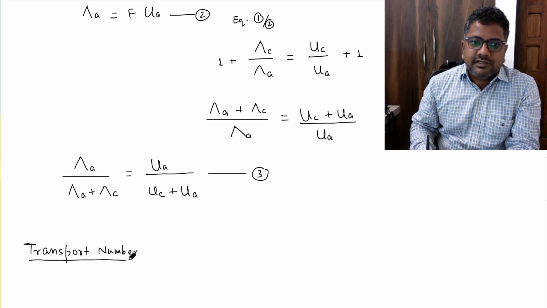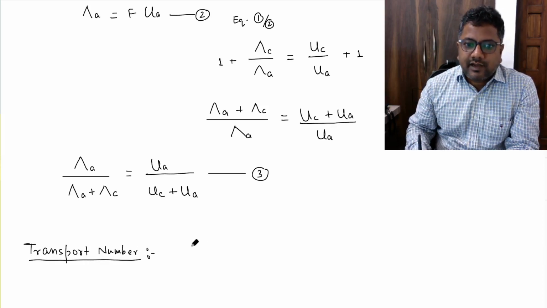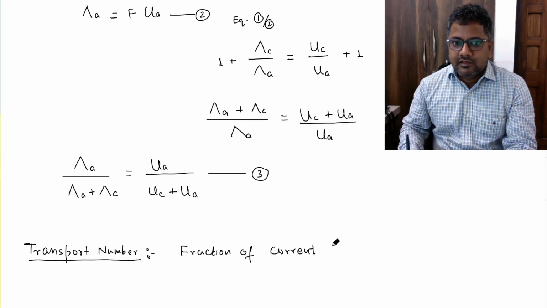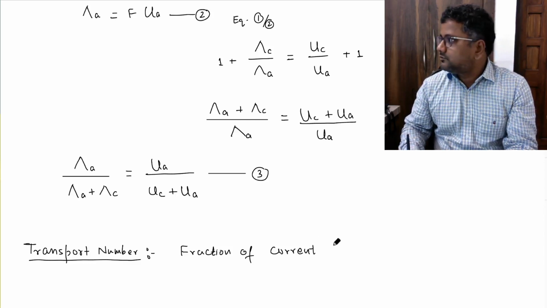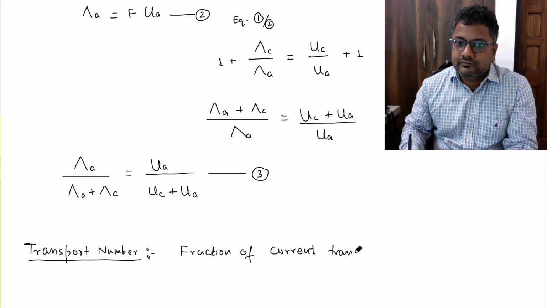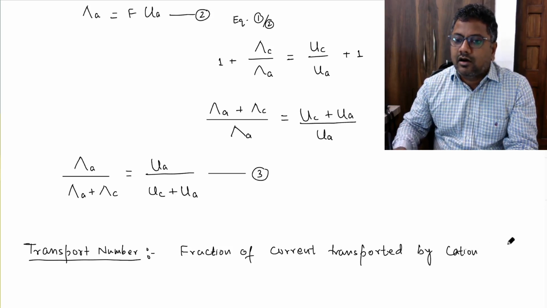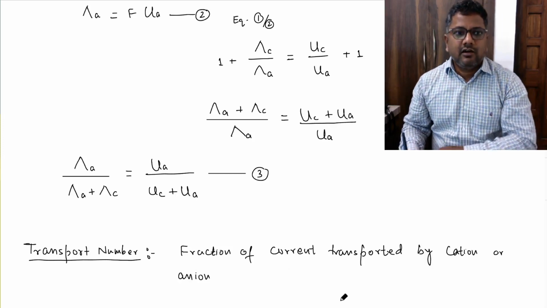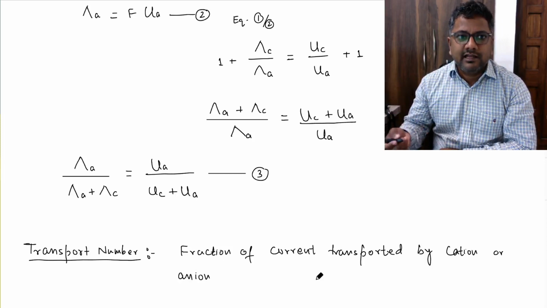So transport number is defined as the fraction of current transported by cation or anion, right? That is called the transport number of cation and anion.